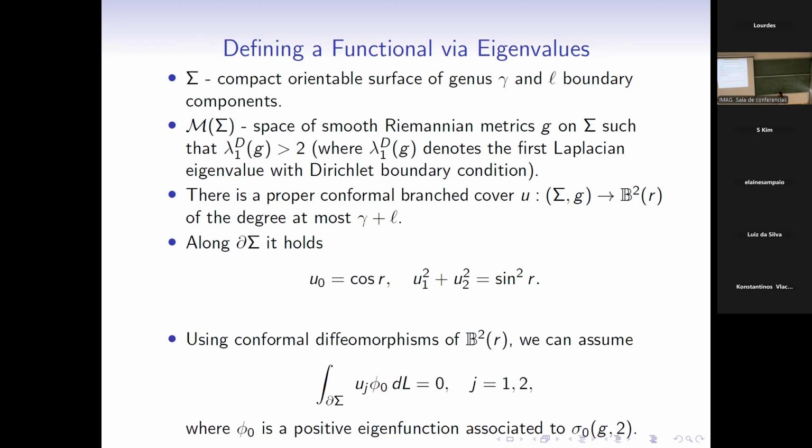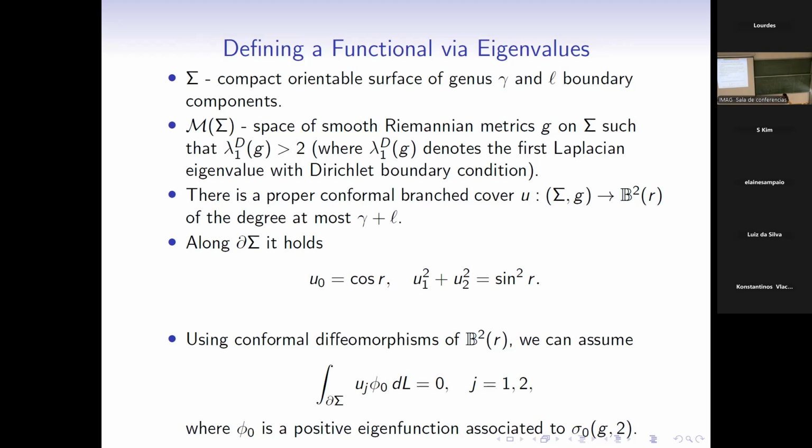You're in the sphere. And then comes the trick that in the literature is sometimes called the Hersch trick, where you can balance your map so that at least 2 of your coordinate functions you can use as test functions for the sigma 1 eigenspace. So you can balance to have u1 and u2 as test functions for sigma 1.